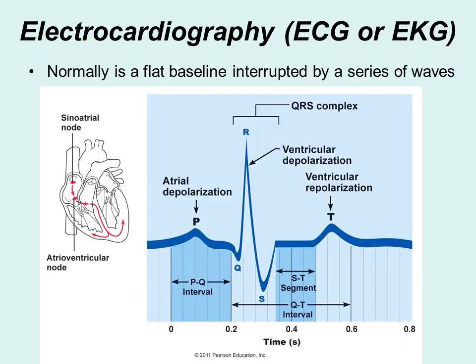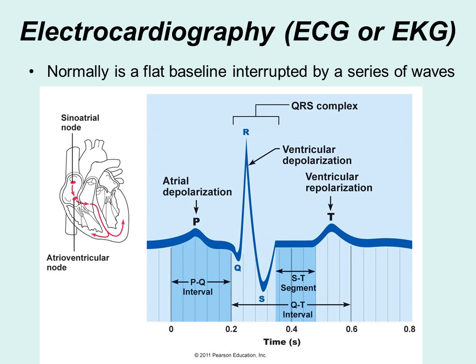So if you look at your standard EKG, you normally have that baseline, and then as I said, you're going to have these peaks or waves that you can relate to that intrinsic conduction system, as that electrical impulse is flowing and passing from the SA node to the AV node and then through the bundles of His and the Purkinje fibers at the end.